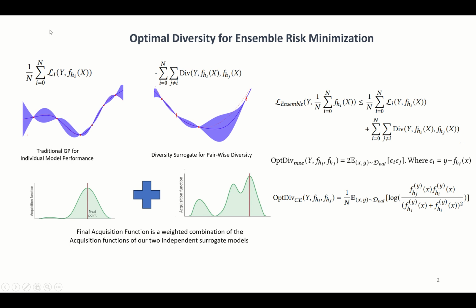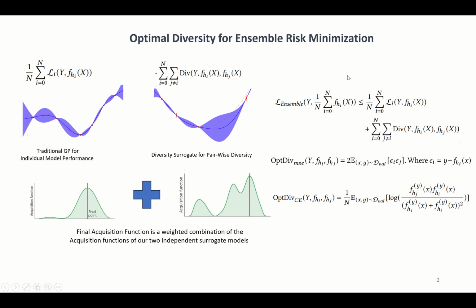If we look at the leftmost side, that is the target of most of our surrogate functions. A traditional Gaussian process is usually fit for, for regression, mean square error or mean absolute error; for classification, it could be accuracy, cross entropy, or Brier score. All of these depend upon what your goal is and what your product is. And so the upper left hand side is how most traditional CASH approaches solve this problem.